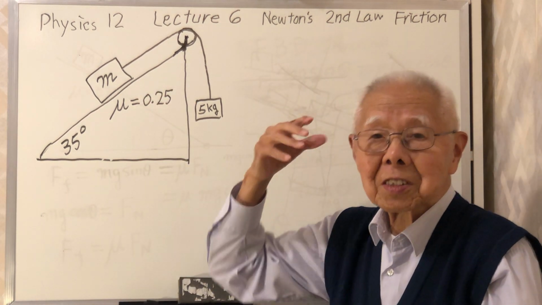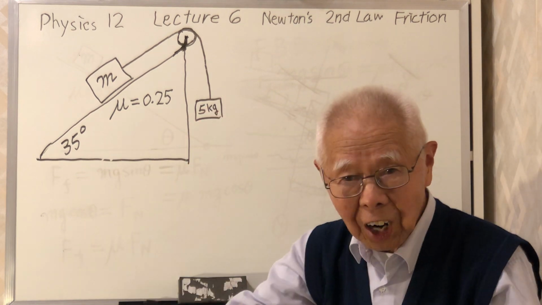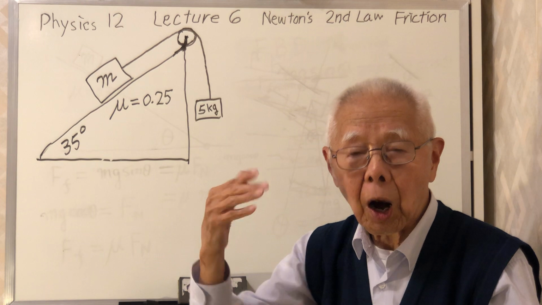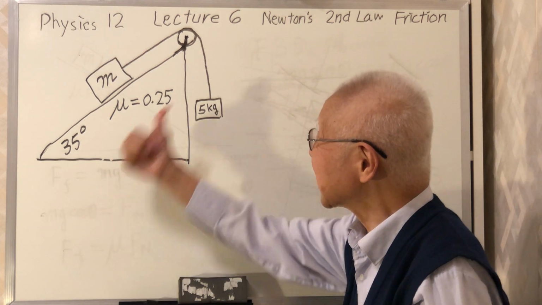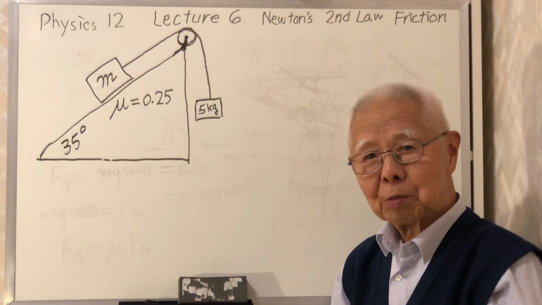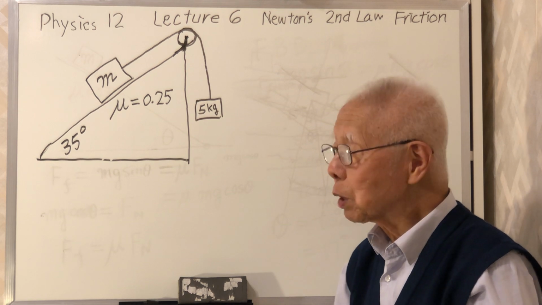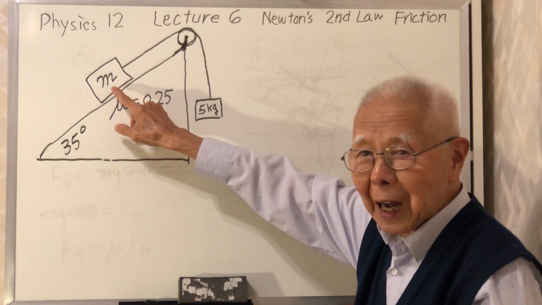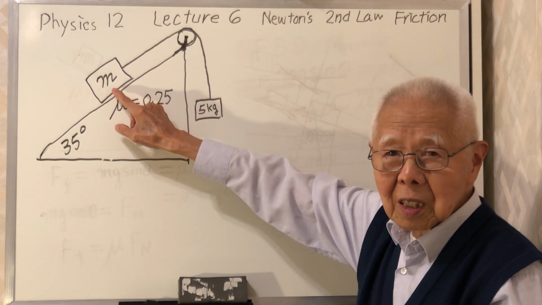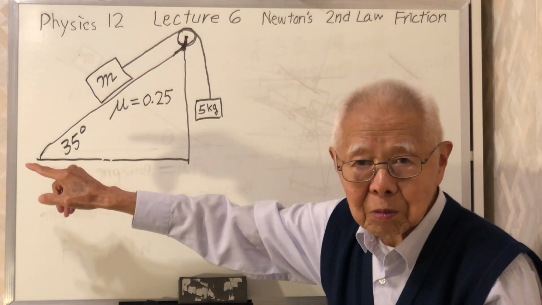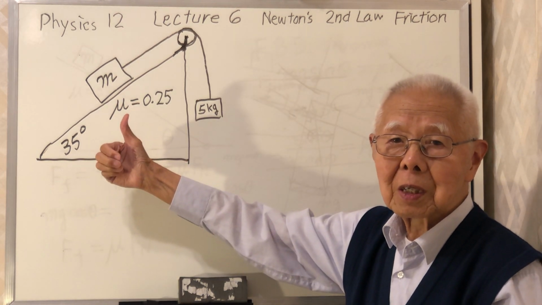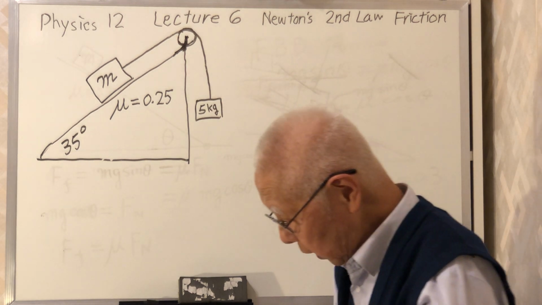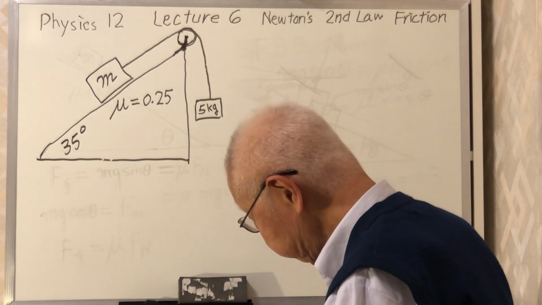So it has a tendency to slide down. That means the friction force is opposite. The friction force is that way. You got it? Let me repeat again. Because our problem is to find the mass such that it almost slides down, therefore the friction is against it, upward. So, let's have the free body diagram.